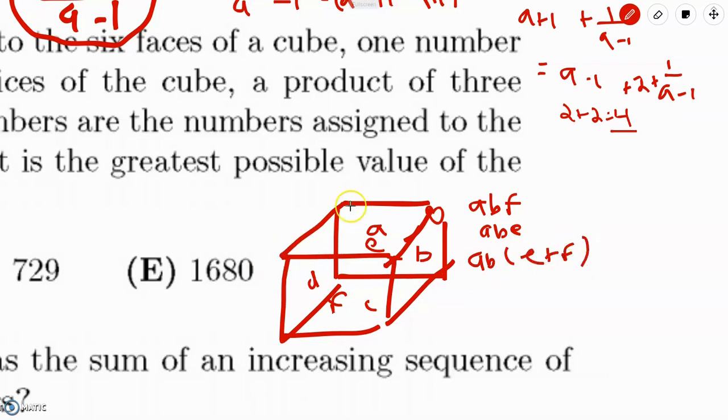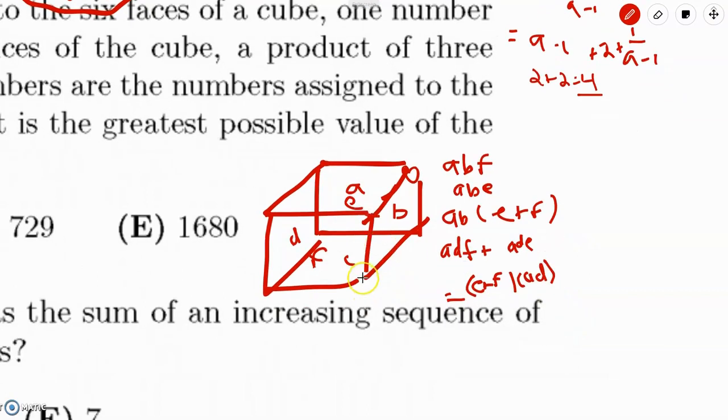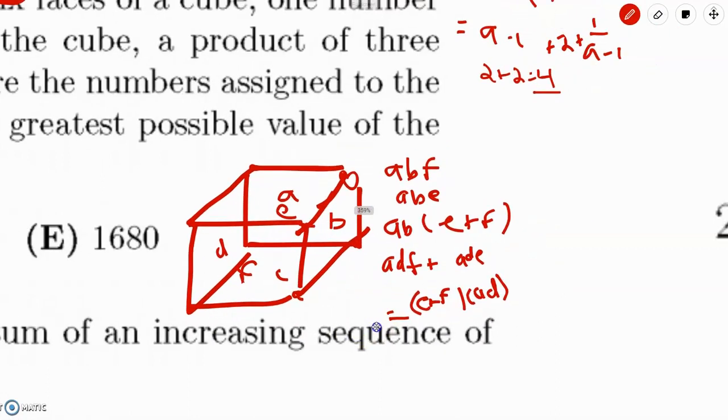And then the sum of these two over here is equal to ADF plus ADE. And that's equal to E plus F times AD. And the product of the two bottom ones over here is equal to BCF plus BCE.